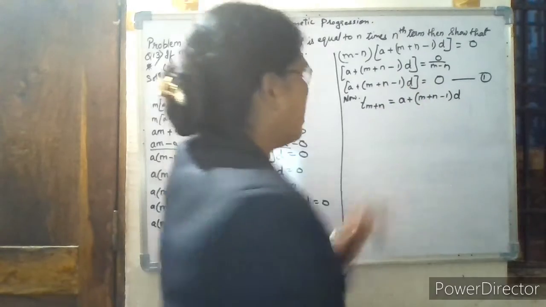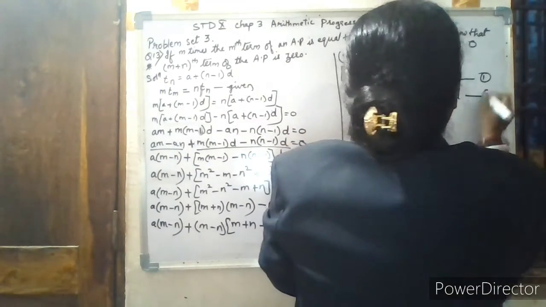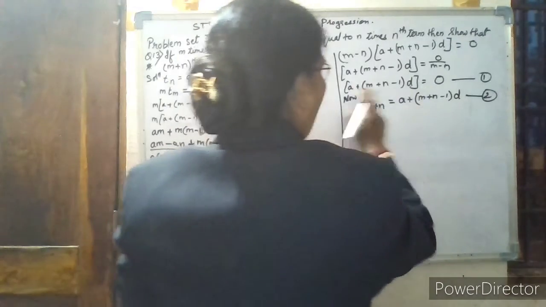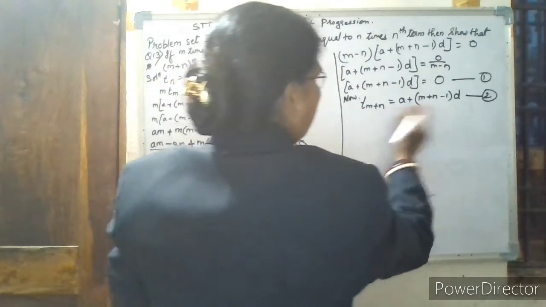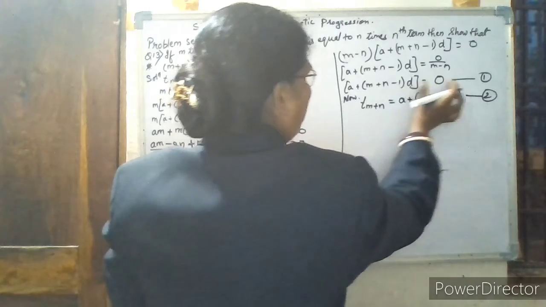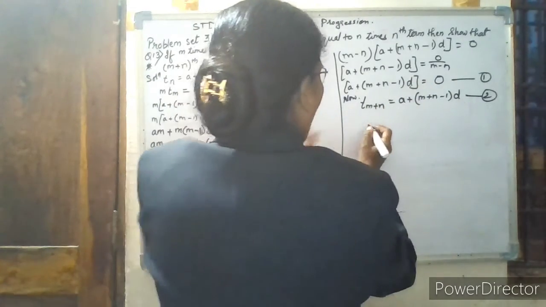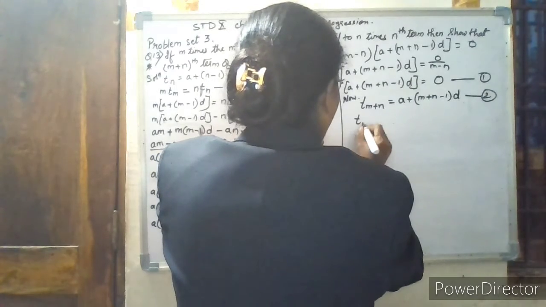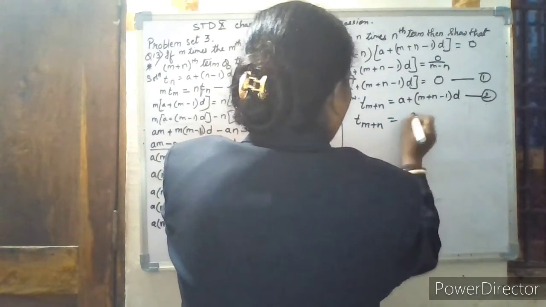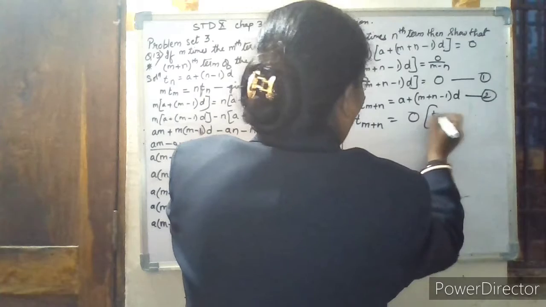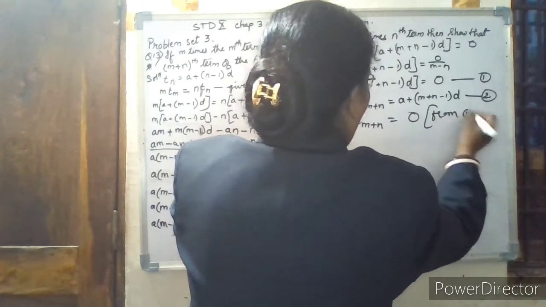Take this as equation 2. From 1 and 2, what do we have? That the m plus nth term, what value? This is equal to 0 from 1. So from 1 and 2, it is well understood that the m plus nth term equals 0.